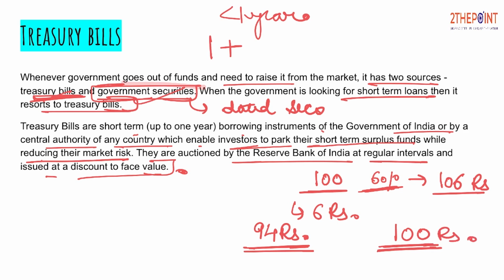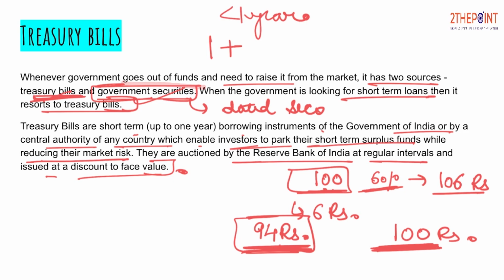I hope this interest part is clear to you, that it does not give interest over and above 100 rupees, rather it just collects the amount after deducting the prevailing rate of interest. In this case 94 rupees, but on redemption the government will return 100 rupees.